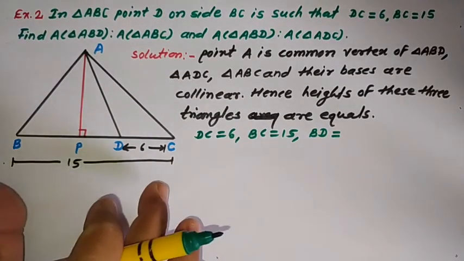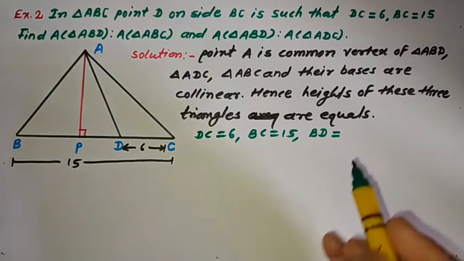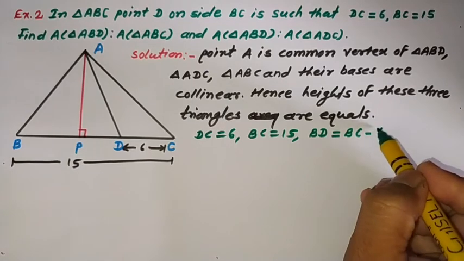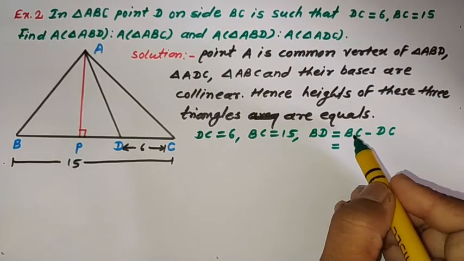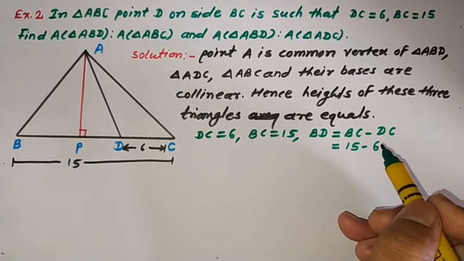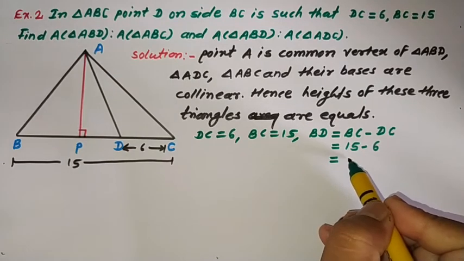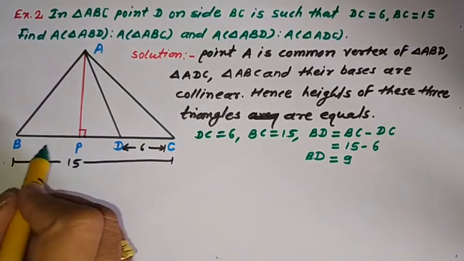BD means BC minus DC, which is 15 minus 6. So BD is equal to 9.